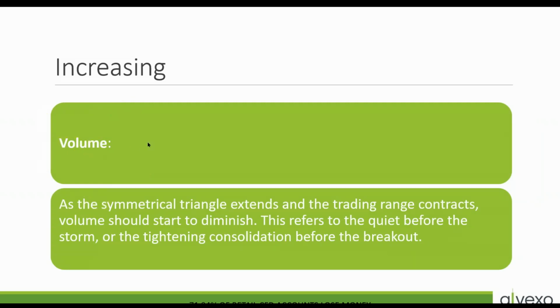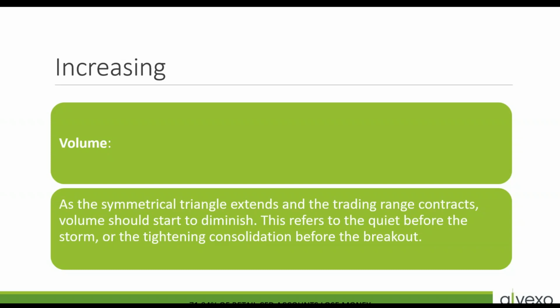Now, we also want to look at volume. Okay. Volume, as the price moves into the apex of this channel, the triangle, you should see volume start to diminish. We call this the calm before the storm.